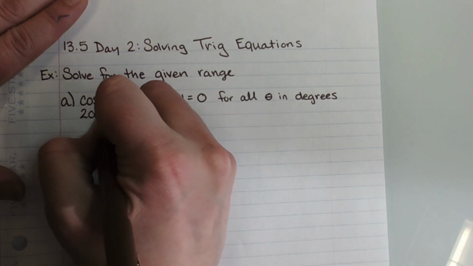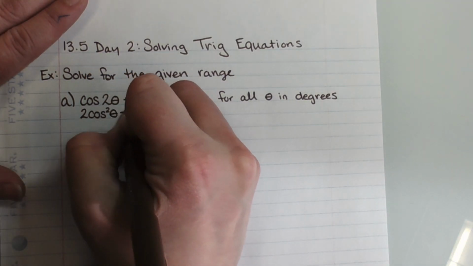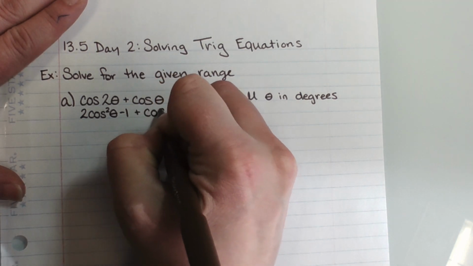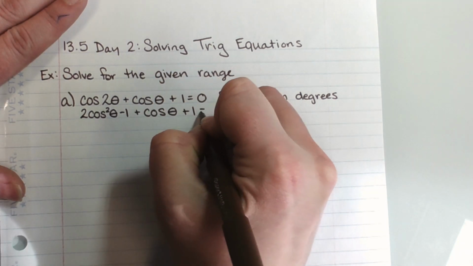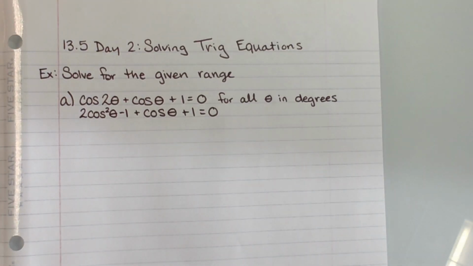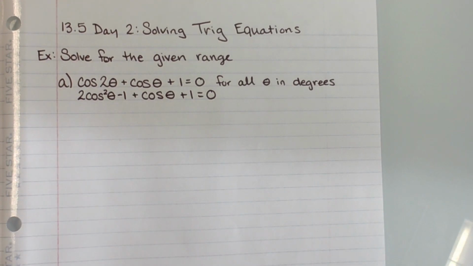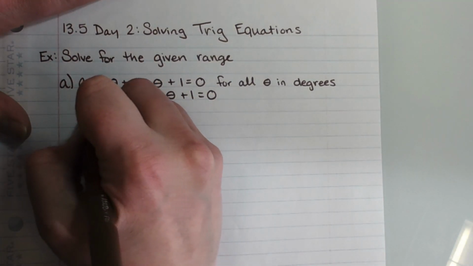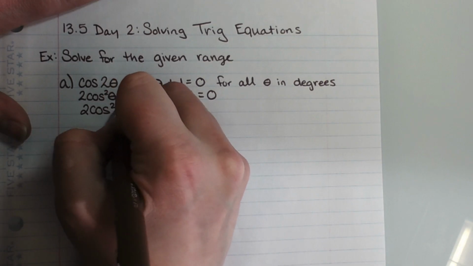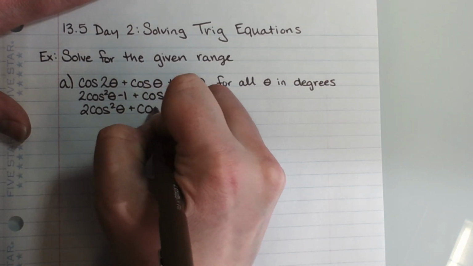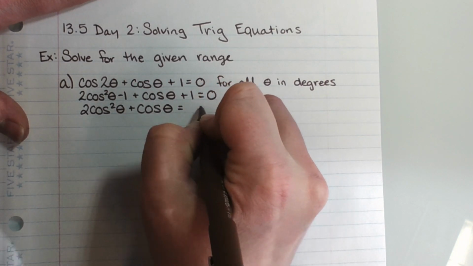2 cosine squared theta minus 1 plus cosine theta plus 1 equal to 0. Combine like terms. Negative 1 and 1 cancel out. 2 cosine squared theta plus cosine of theta is equal to 0.